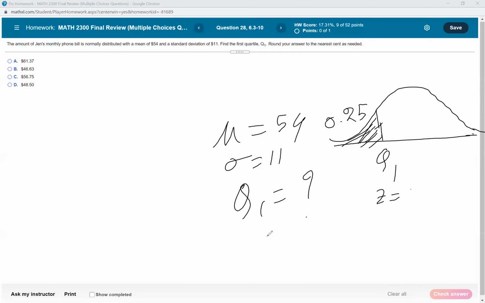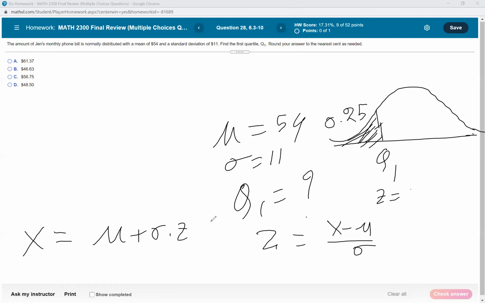Okay, so we know that z is equal to x minus mu over sigma. That means you have to find the value of x. So x will be mu plus sigma times z. From the z table, if you look at 0.25, you will get the z score corresponding to Q1.